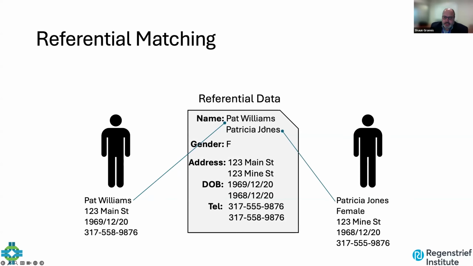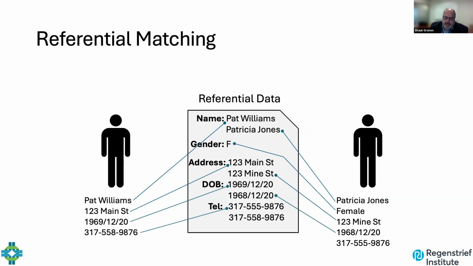So females might change their last name. We know that the Patricia Jones is a female. Looks like there's a misspelling in the address, but they're highly similar. And the date of birth, there's a typo in the year of birth, but otherwise it's aligned, and the telephone number is spot on.